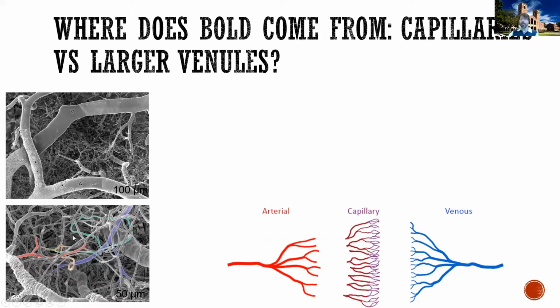If the signal I receive comes from this big vein, it means this vein is collecting blood from a relatively larger part of the brain. So the activity happened somewhere in all the parts of the brain that this vein is collecting blood from.